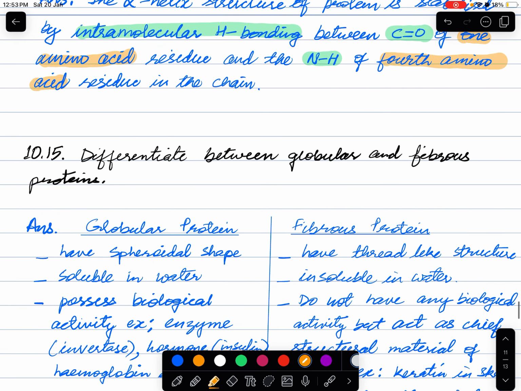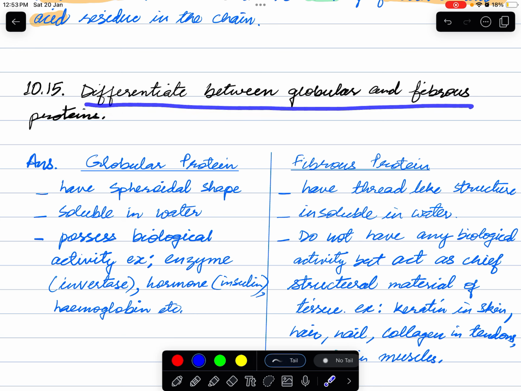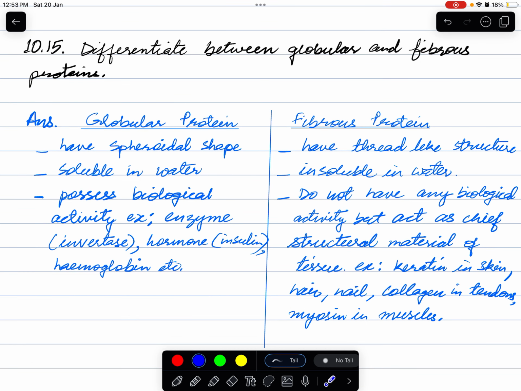Next is differentiate between globular and fibrous protein. These are two types of protein. Like for example, again, these are tertiary structures of protein. So what is globular protein? As the name suggests, globular protein means the protein resembles the shape of a sphere, or it has a spherical shape, while the fibrous proteins have thread-like structure, as the name suggests.